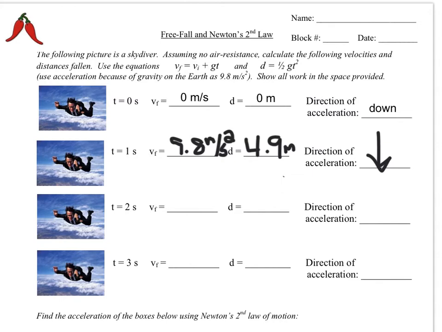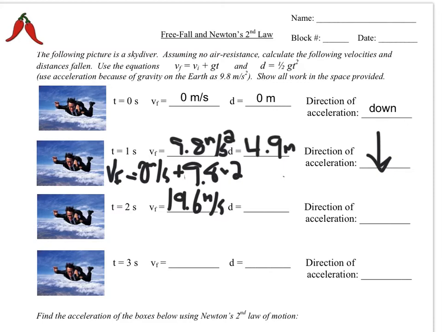Using those same equations for the next problem, final velocity is equal to our initial velocity of 0 meters per second, plus gravity times time. Gravity is still 9.8 because we're still on Earth, times our time of 2 seconds. And we find that our final velocity is going to be 19.6 meters per second.